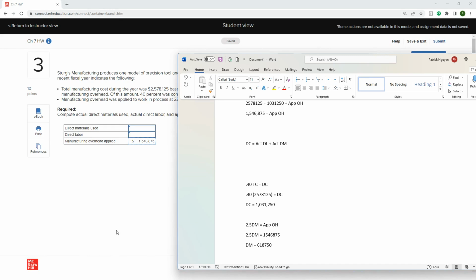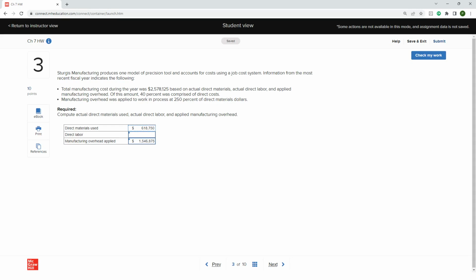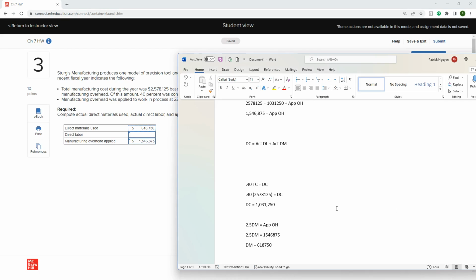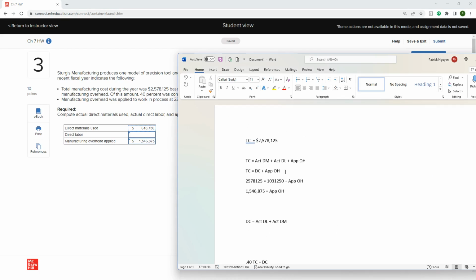So now we can use our long equation for figuring out the third variable. This total cost equals direct materials plus direct labor plus overhead. We know our total cost. We know our direct materials. We still don't know direct labor, but we're about to figure that out. And we know our overhead.